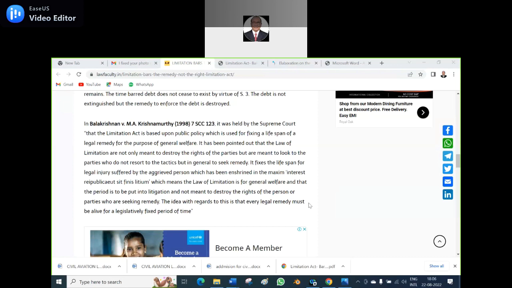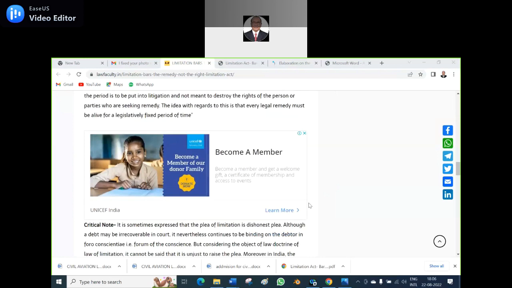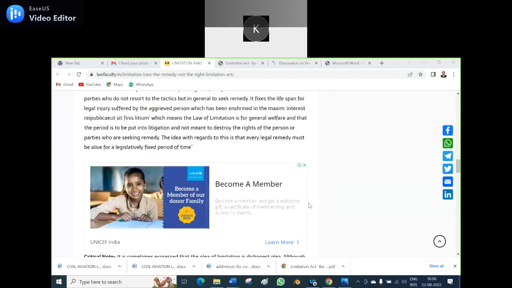Yes, that is there, sir. But one thing, if there is a limitation in any statute, then the law of limitation does not apply to that statute. For example, in the Negotiable Instruments Act under Section 138, if a person does not file a case within the prescribed period of time, he cannot go under Section 5 of the Limitation Act.